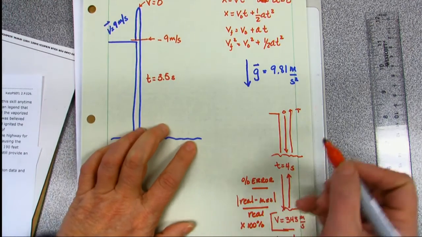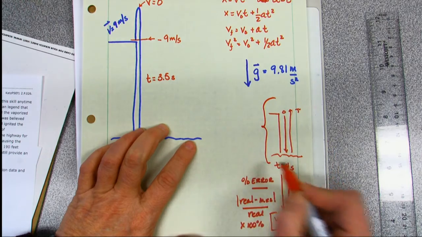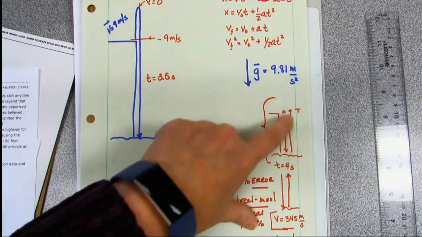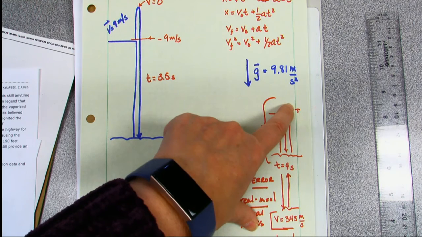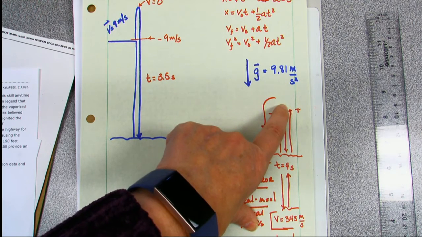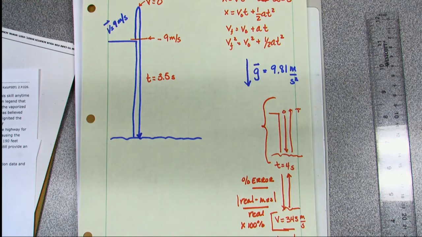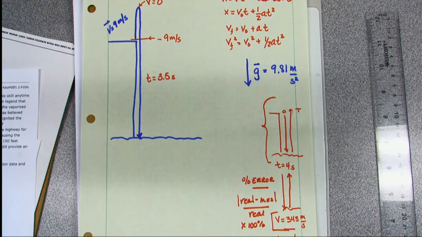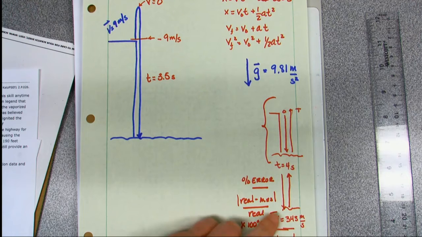So the trick to this problem, remember a lot of these things are tricks, is realizing that this time has nothing to do with the time that the ball was in the air. But my stopwatch takes into account the fall and the sound coming up. So you have some comparison.